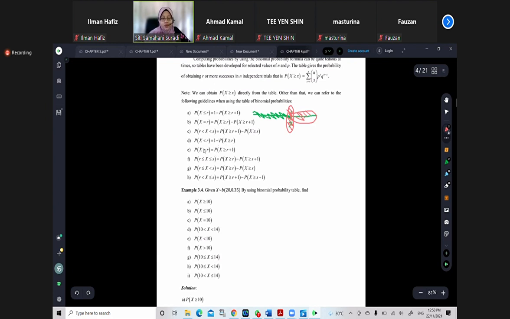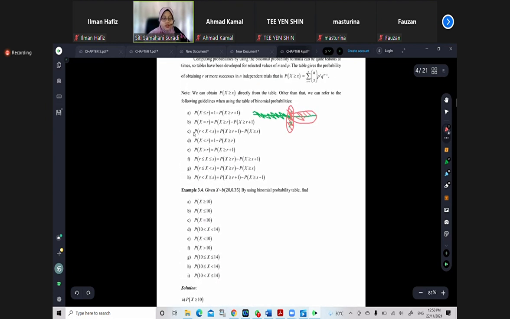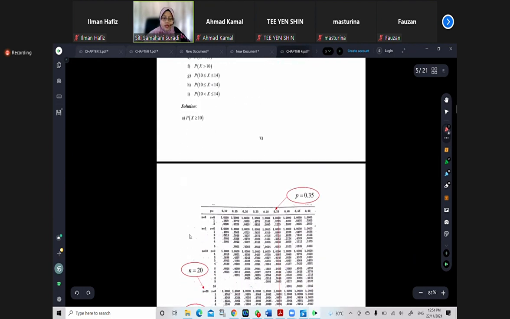If more, that means you just add 1 lah. And then for the range between, that means you consider P(X more than or equal to r) minus P(X more than or equal to s plus 1). So it's straightforward. Okay, you refer to this, then look at the example here later.